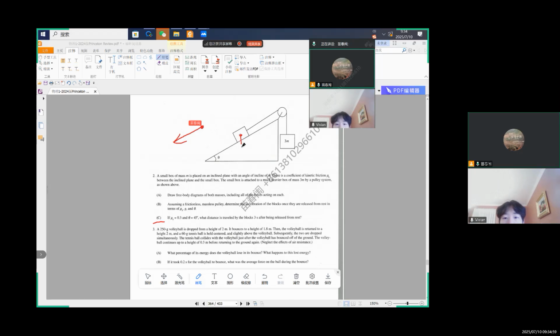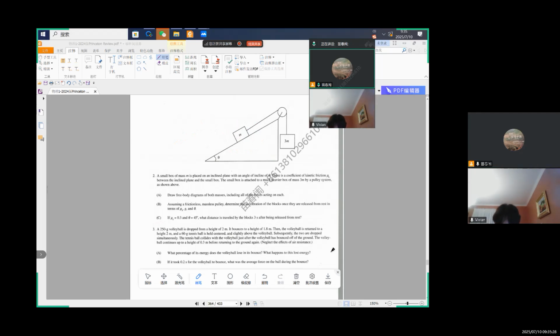Let me use gravity. This is mg sine theta. This is mg cos theta, right? If you're not familiar with this, you have to use some time to prove it, right? Does that make sense? And also we actually use the XY system kind of.